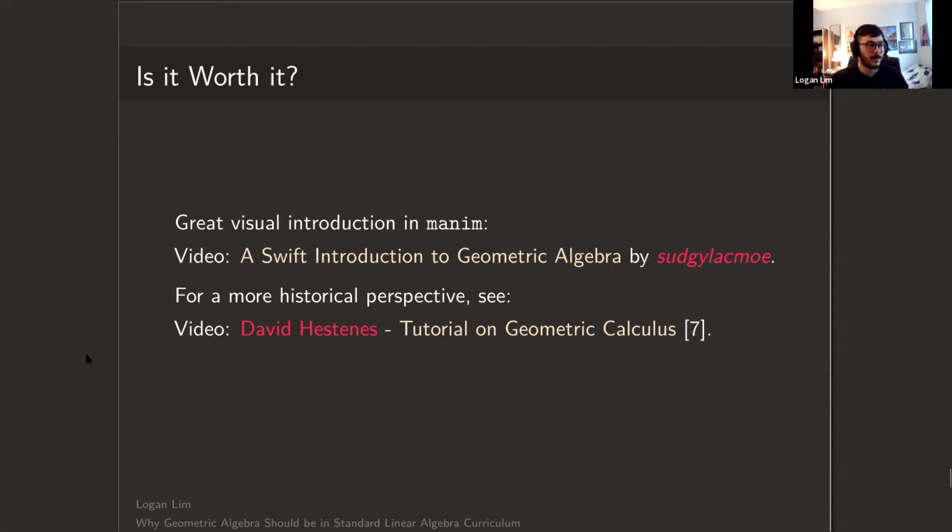And if you want a more historical perspective, you could look at David Hestenes. He's one of the pioneers of applying geometric algebra to physics, and one of the reasons why there's such a huge push by physicists, because he sees all the applications to the Pauli matrices and a whole bunch of different areas in physics all collapsing into a single thing once we assume this very simple operation exists.